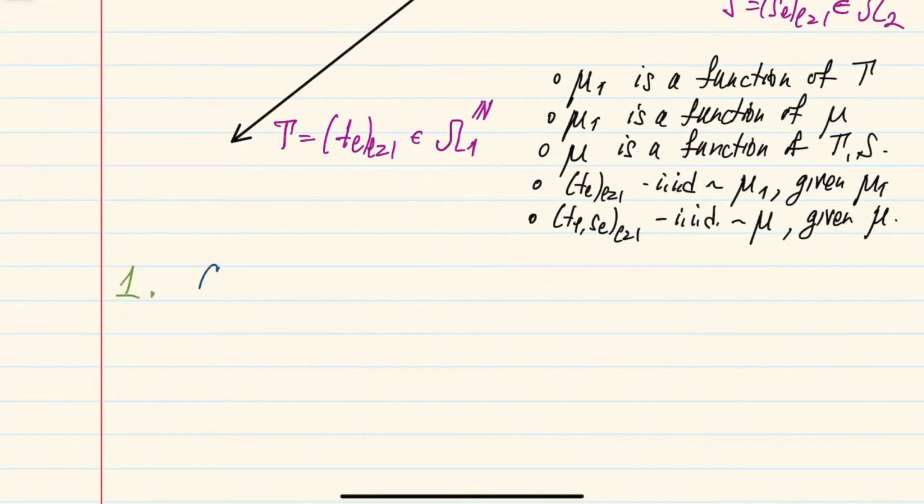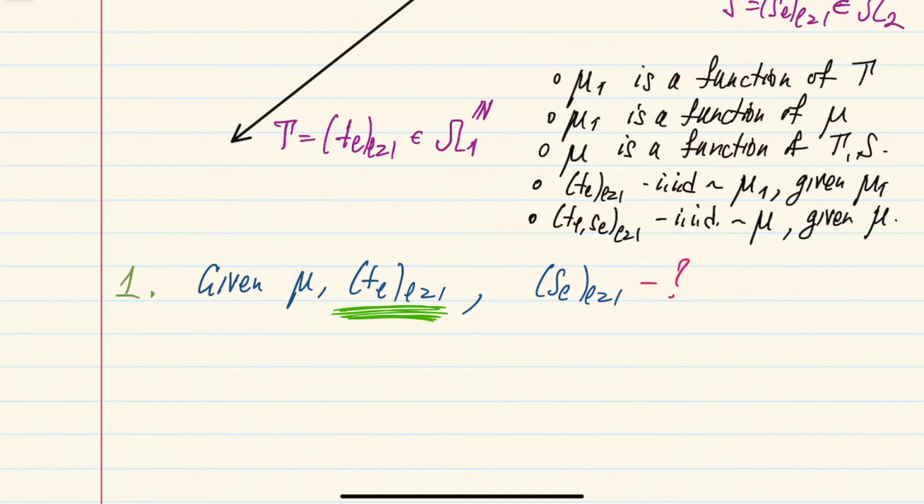And first, given the measure mu and the sequence T_l, we will try to describe the distribution of the sequence S_l. So our ultimate goal is to describe the distribution of sequence S given only the sequence T. But in the first step, we will also include the measure mu in the condition.